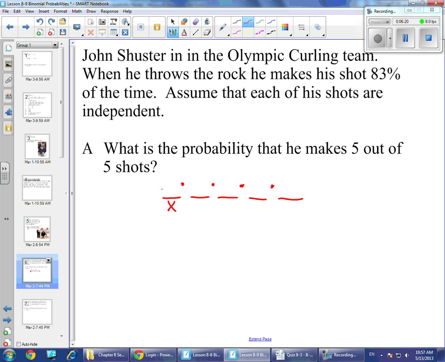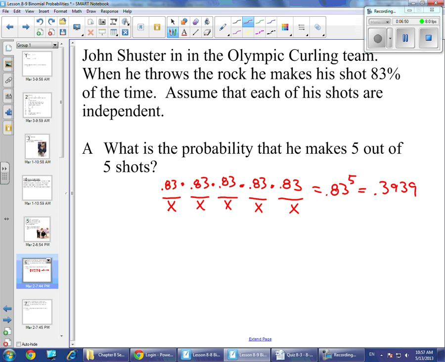The probability that he makes the first is 0.83, the second is 0.83, and the third, fourth, and fifth will all be 0.83. All I have to do is multiply these together, so it ends up being 0.83 to the fifth, and my answer is approximately 0.3939.